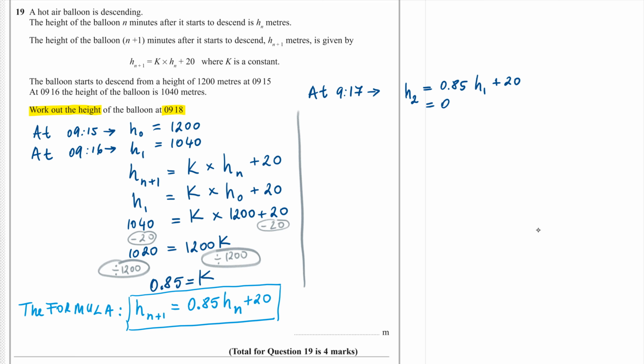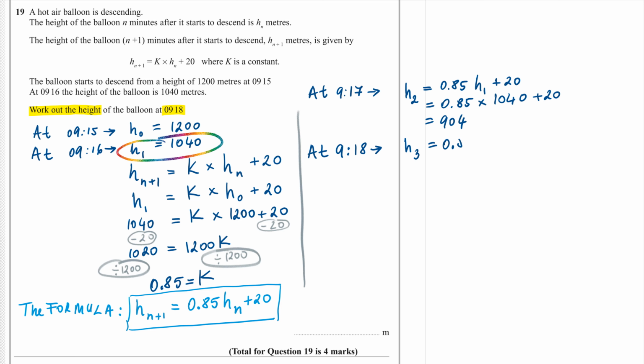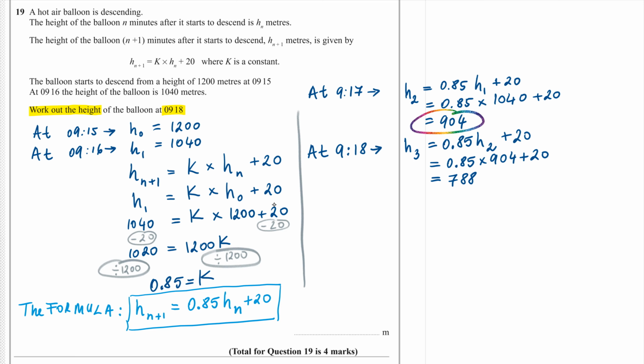This is equal to 0.85 times 1040 plus 20 equals 904. At 9:18, the height after 3 minutes, h3, equals 0.85 times the height after 2 minutes plus 20, equals 0.85 times 904 plus 20, equals 788.4.